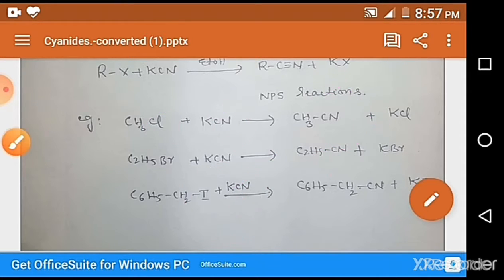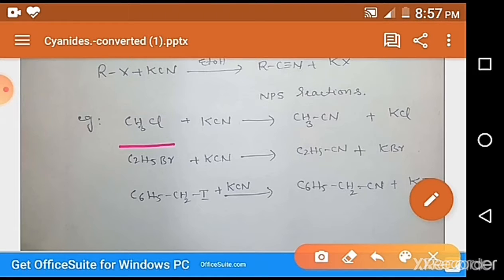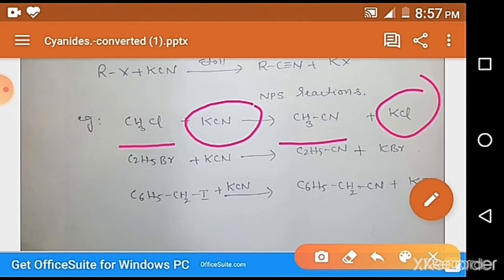That's why alkyl halides undergo nucleophilic substitution reactions in the presence of alcoholic potassium cyanide or alcoholic sodium cyanide. So our methyl chloride, on reaction with alcoholic KCN, gives methyl cyanide or acetonitrile. Along with this, we get KCl.